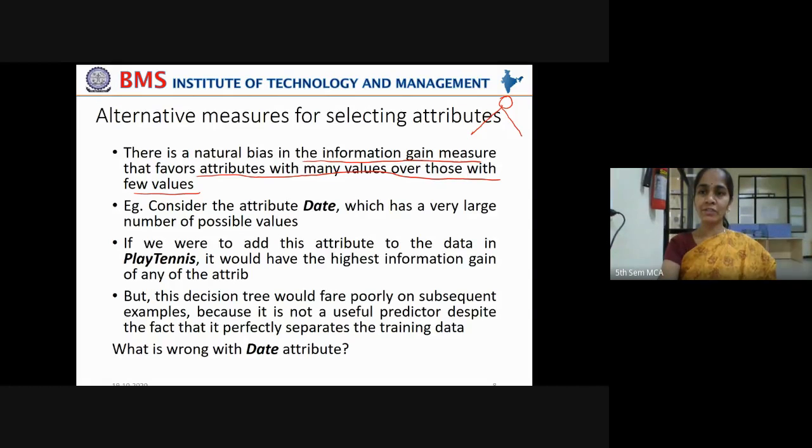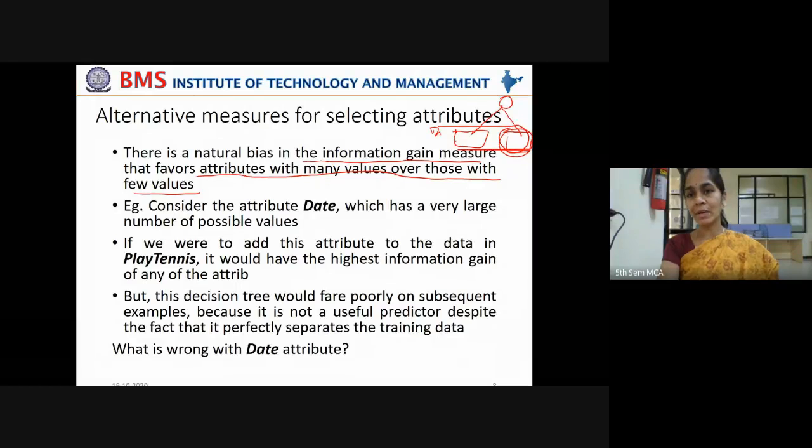When a classification is done, some examples, say D1, D2, D3, are brought onto one leaf node, and D5, D7, D9, D10, D12 are brought onto another leaf node. The bias of this information gain measure is that it favors attributes with many values over those with few values. Where there is perfect classification, say 8 negative examples and 2 positive examples, we say this attribute is giving good information gain.